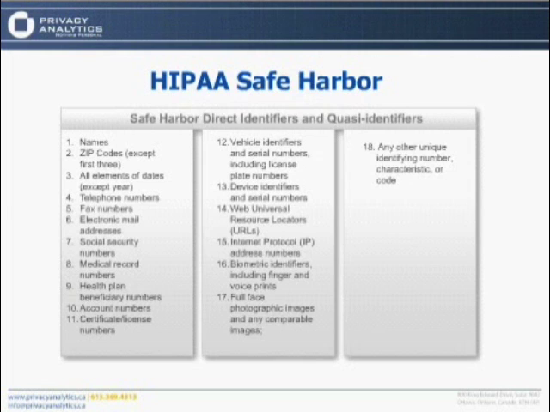For names, we are talking only about the names of the individuals or of their relatives, employers, or household members, but it doesn't cover the names of providers. And then you have element 18, which is a kind of catch-all: any other unique identifying number, characteristic, or code.